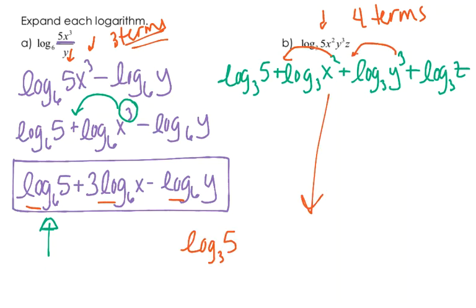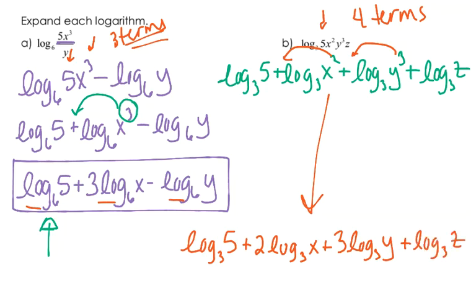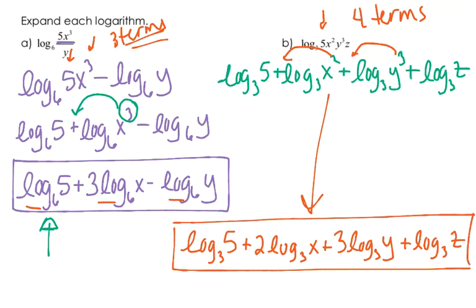I'm going to jump way down here because I'm running out of room. So I've got log base 3 of 5 plus 2 log base 3 of x plus 3 log base 3 of y, and finally plus log base 3 of z. So we just took that one log and expanded it into 4 because we started with 4 terms.